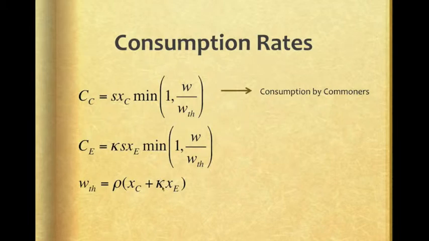And that's why the elites are multiplied by kappa. And that conversion between population to wealth numbers is this factor of rho. So rho could be seen essentially as a minimum wealth per capita produced.